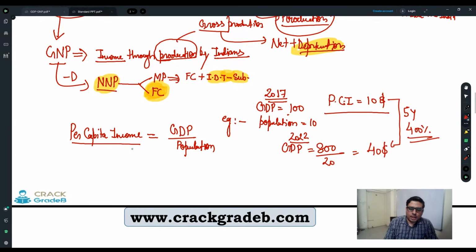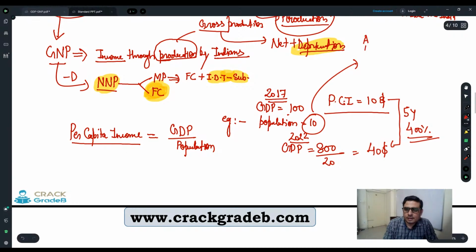But now we are going to closely analyze this population, the 10 people and the 20 people. Out of these 10 people, Adani, Ambani, Tata, Birla, means 4 are big businessmen and the rest of the 6 are common people like you and me.